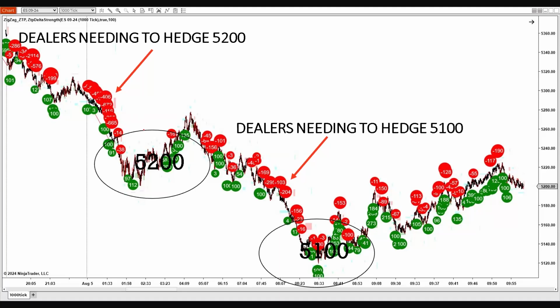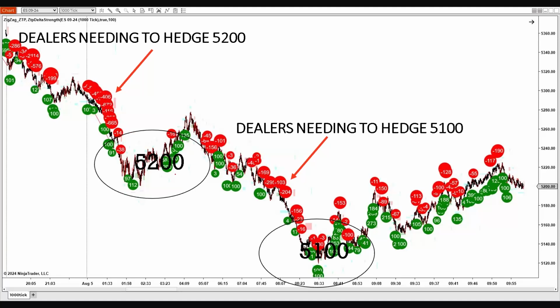There is a significant amount of short large lots being traded, and this is dealers hedging into the 5,200. I've marked the 5,200 level on the chart, basically set up at the ES 5,220. As the sell-off progressed, the dealers were coming in and hedging into 5,200.